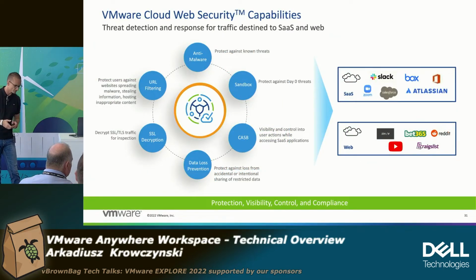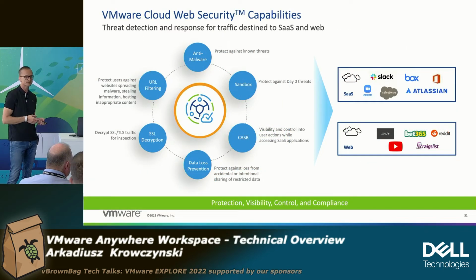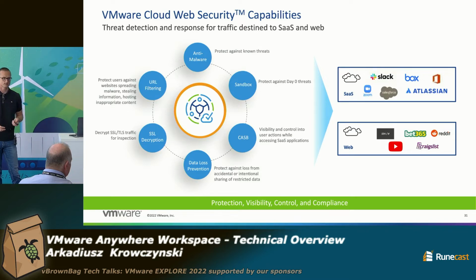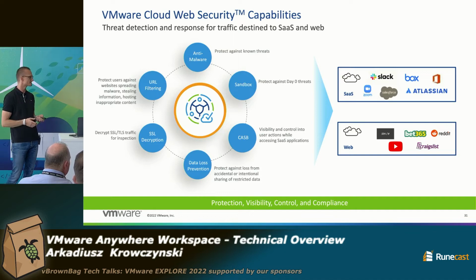Second part of SASE is our cloud web security solution. With cloud web security, we are giving the admins and the users secure access to the internet, and for sure to internet applications. Means we can do URL filtering. Means that we can decide by the end of the day which categories or which URLs a user can access or not.